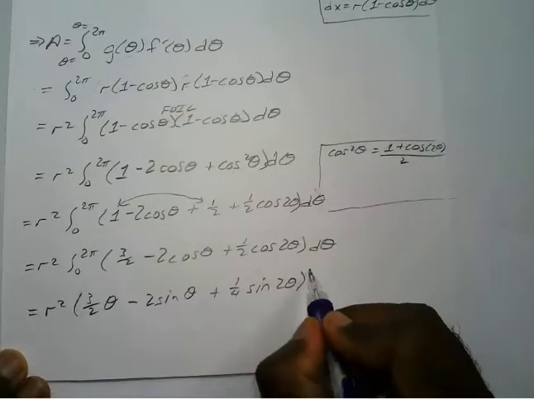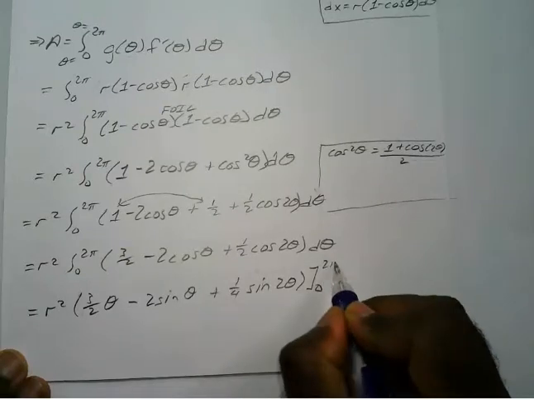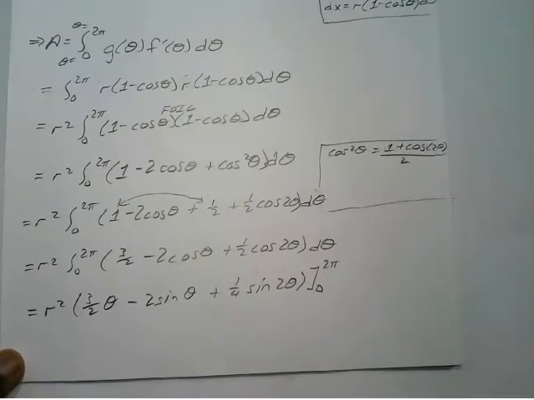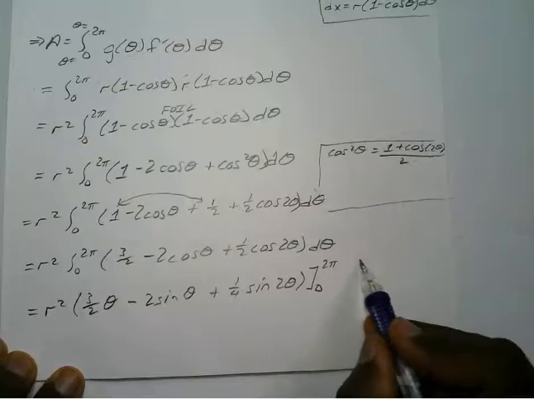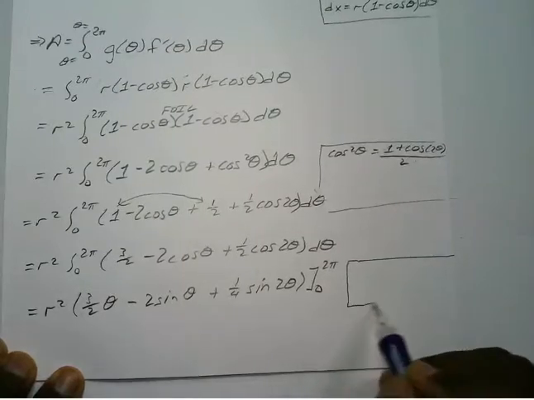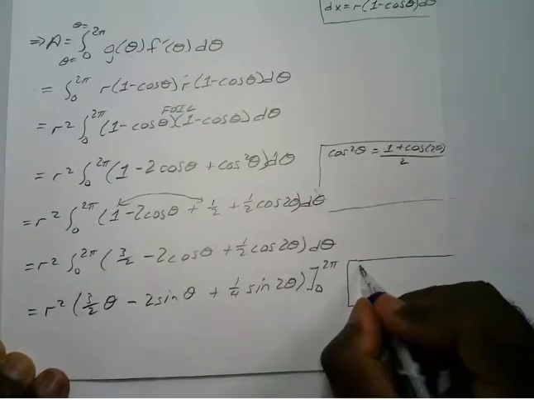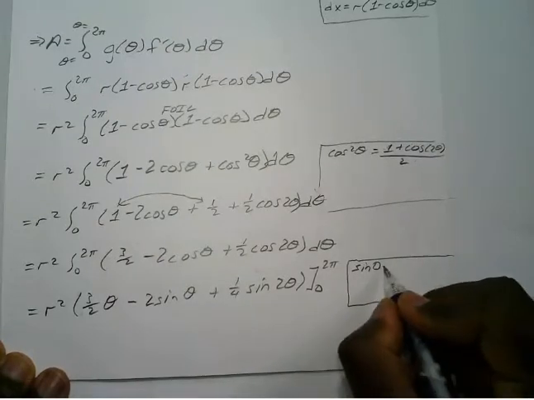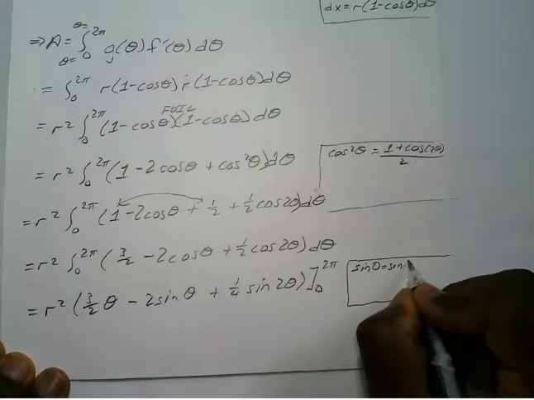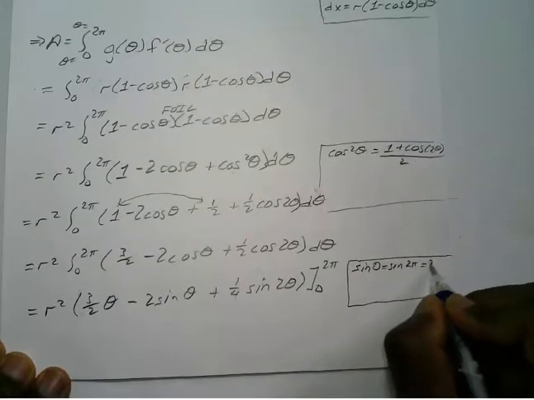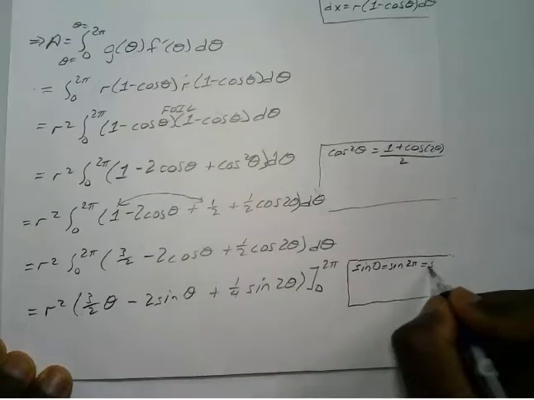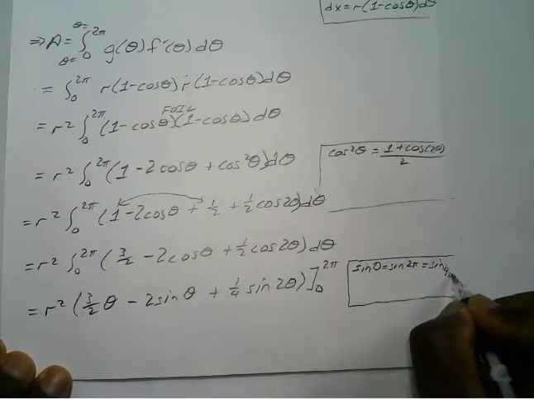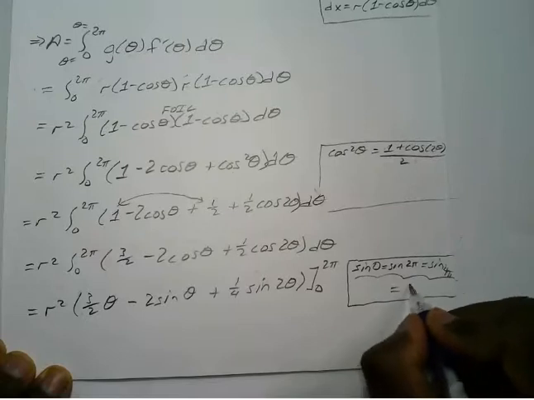And remember that is from 0 to 2 pi. Quick side note here: sine of 0 is equal to sine of 2 pi, which is equal to sine of 4 pi, which is all equal to 0.